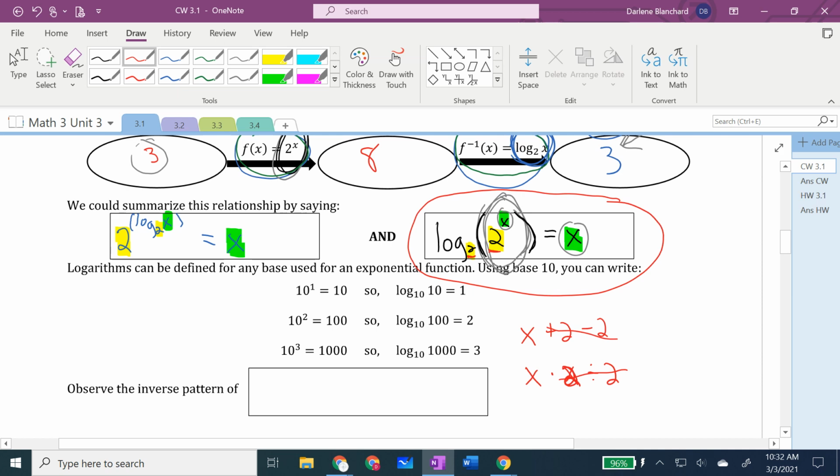They undo each other. The notation is unfortunately awkward, but you want to see that this is the same situation as these two, in that log base 2 undoes 2 to the power of, and you end up with that power.